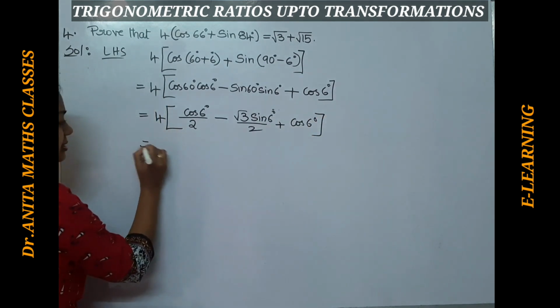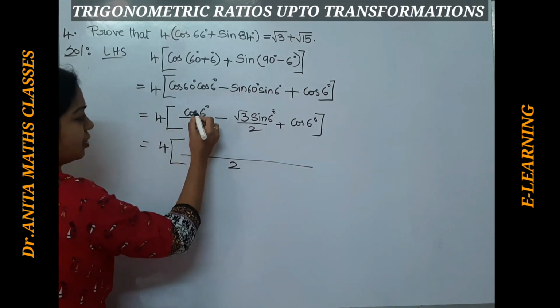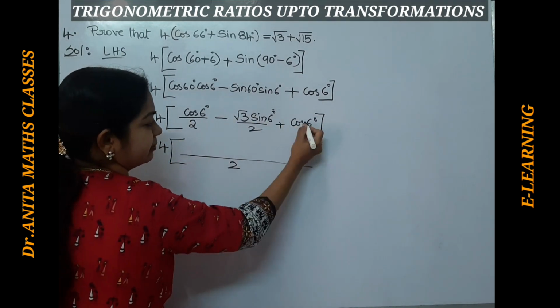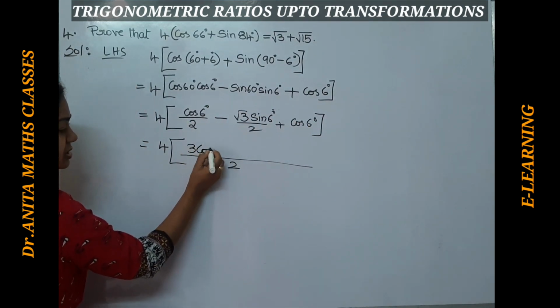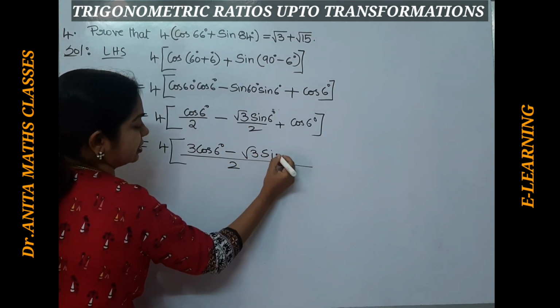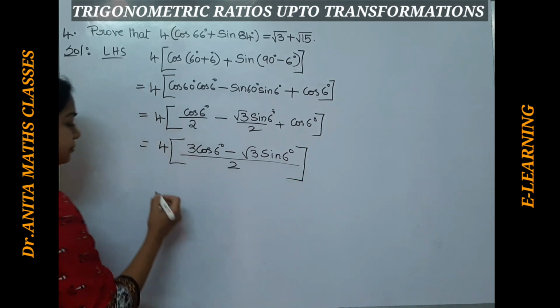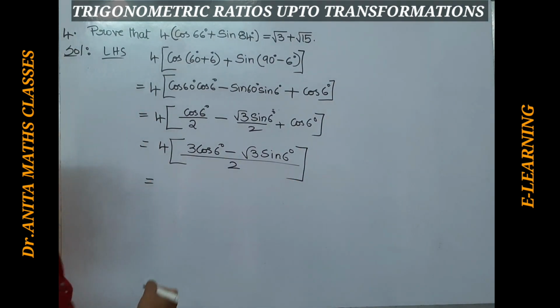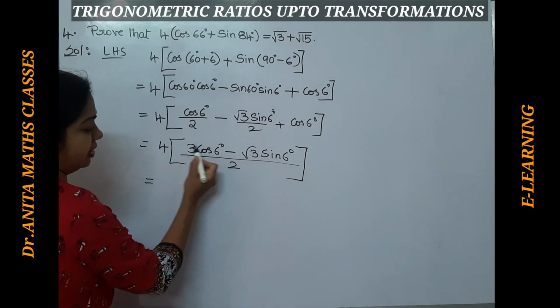So let's take the LCM in the second part. If you take LCM, 2 cos 6 degrees plus 1, so that becomes 3 cos 6 degrees minus root 3 sin 6 degrees. Now here if you see, there is root 3 and root 3.